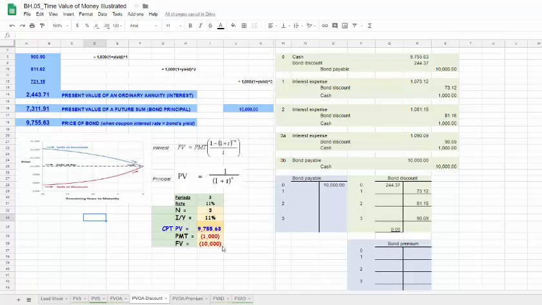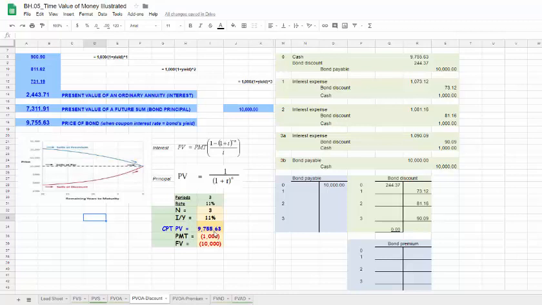And the future value is the face amount of the bond, 10,000. Touch compute present value and you get 9,755.63 as the largest amount an investor would pay for this particular bond.